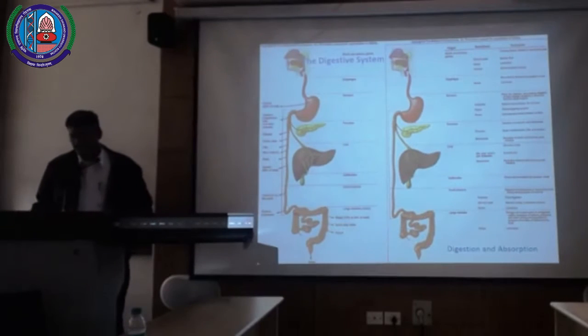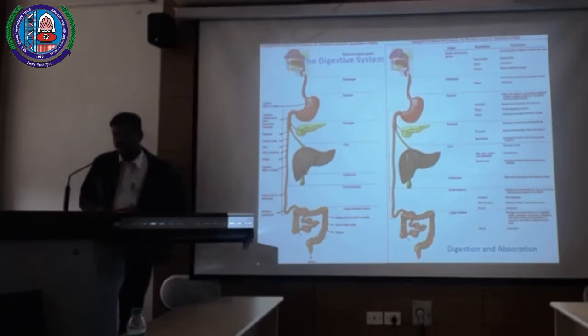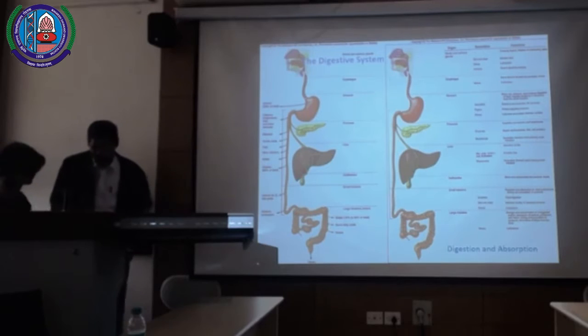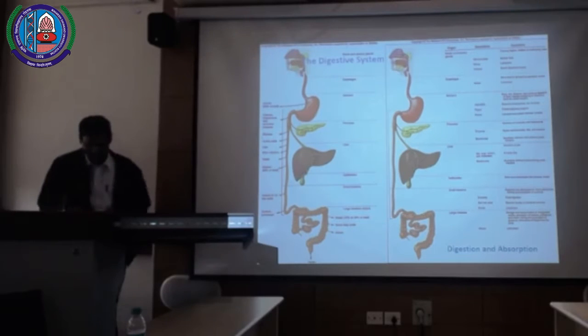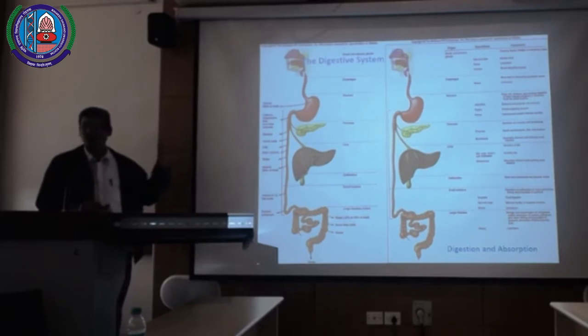The digestive system, we discussed the digestive system the other day, and the GI tract, how food is being absorbed. Starting from the interaction of food, from chewing, this is called mastication.